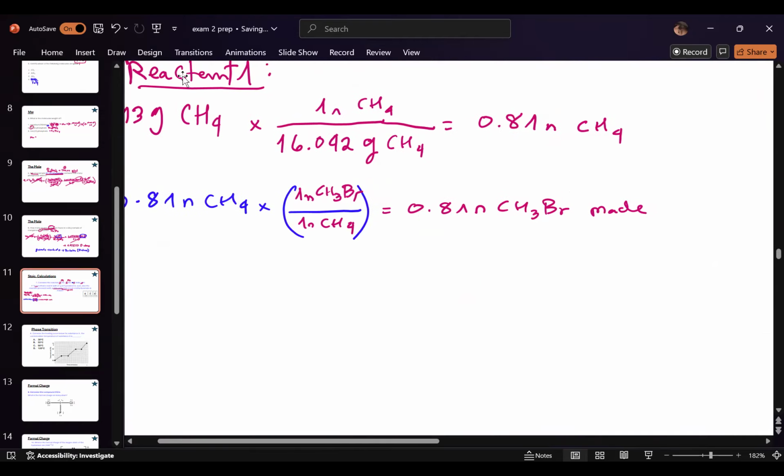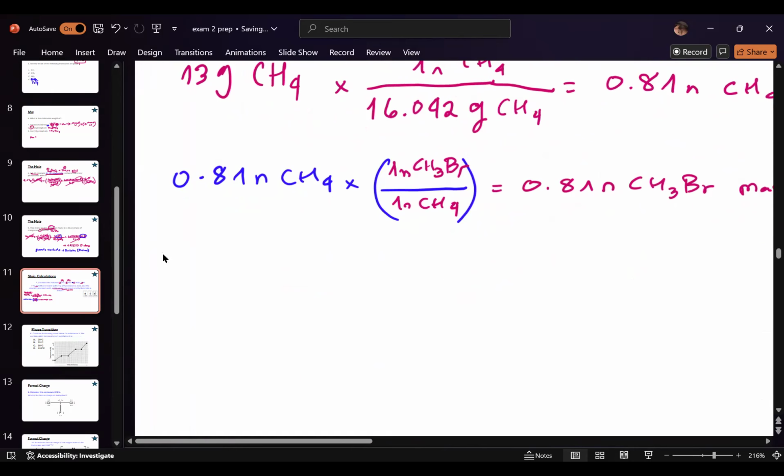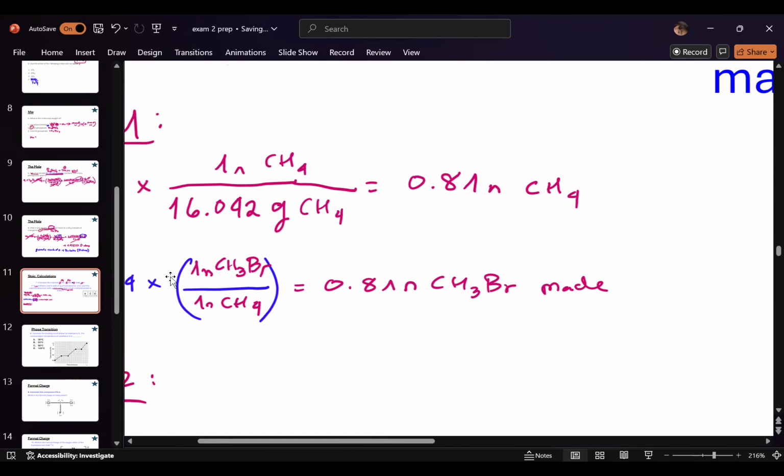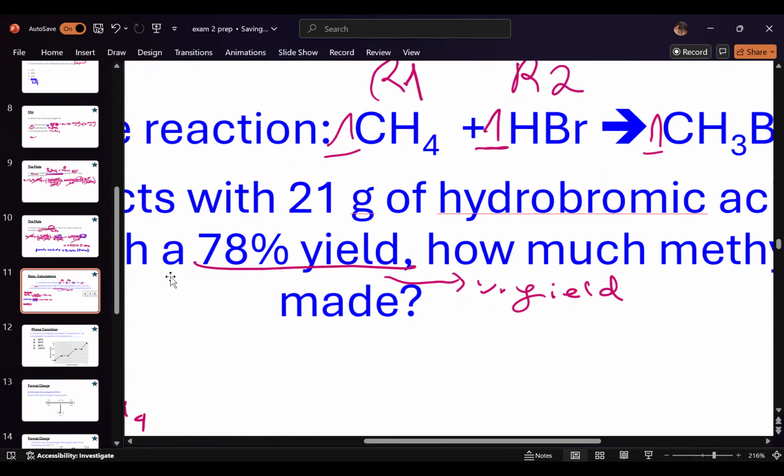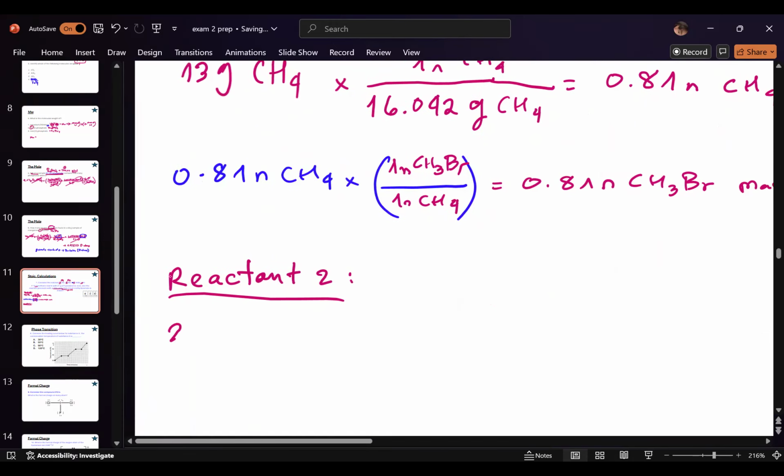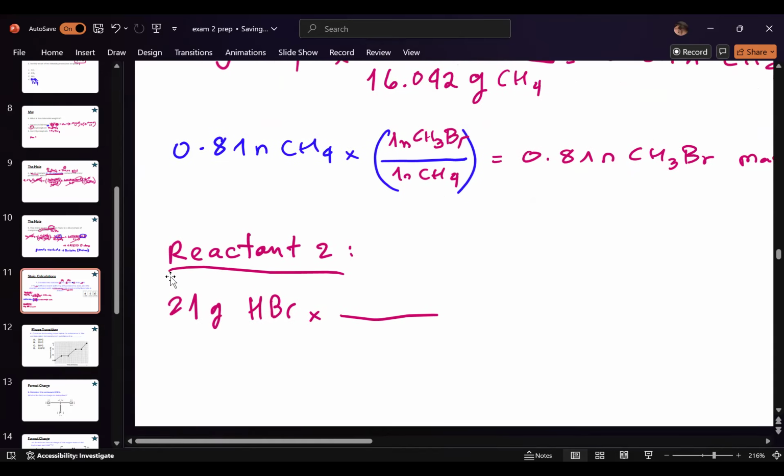Now I'm gonna do the second part, which is reactant two, the same exact process. You started with 21 grams of HBr, hydrobromic acid. We're speaking in grams, so we're gonna convert that to moles. The molar mass of hydrobromic acid is 80.908.